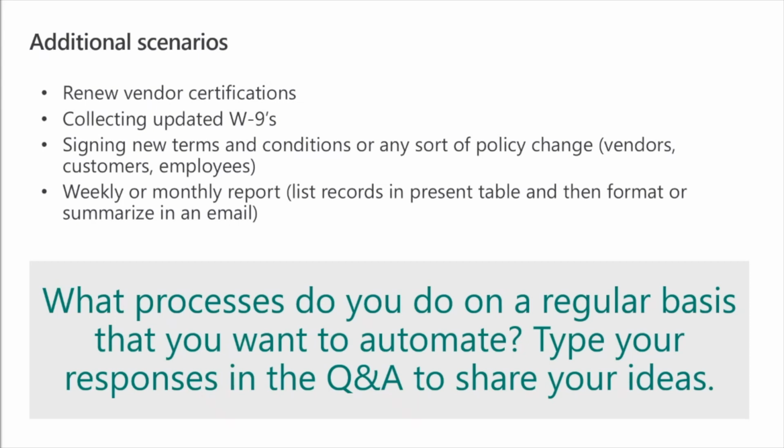Signing new terms and conditions is another fantastic example, or really any kind of policy change. And this could be related to vendors or customers or even your employees internally from an HR perspective. You might also have a weekly or monthly report where you want to list the records present in a table and then format or summarize those details into an email. So again, I encourage you to put some ideas or processes that you would like to automate.